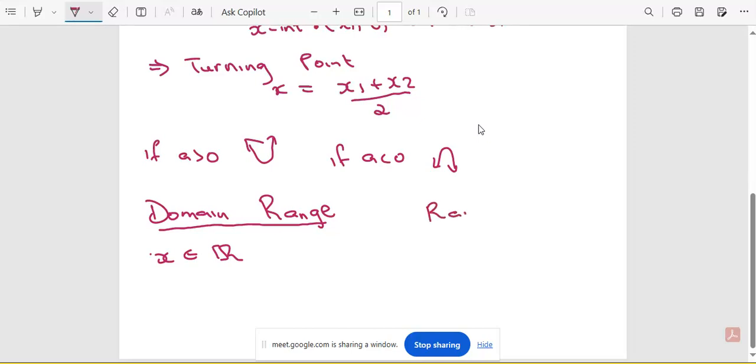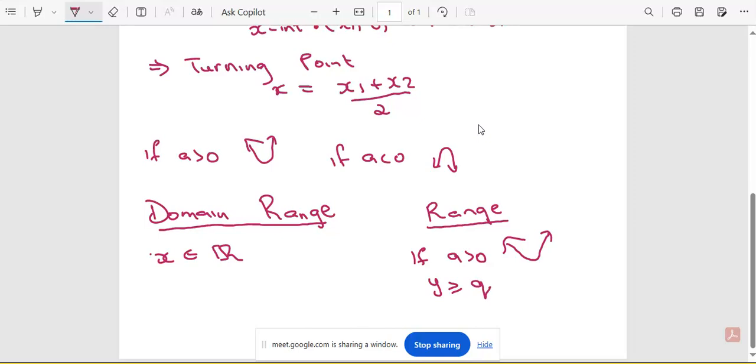Yes. Then to find the range, I'm going to give you a tip. If the value of A is greater than 0, remember your graph will be concave up, like this, right? Yes. Therefore, for the range, we say y must be greater than or equal to q, the value of q.